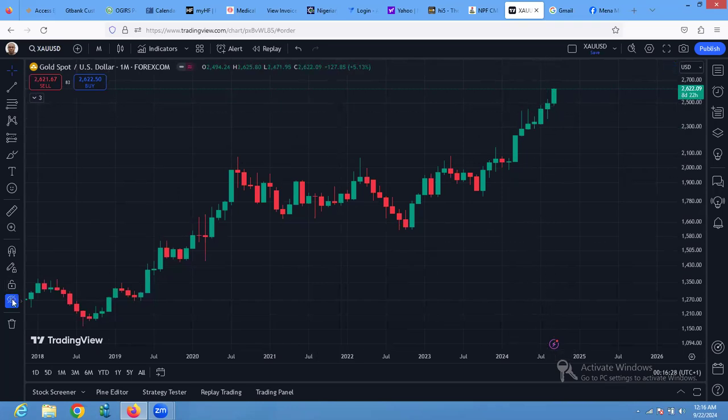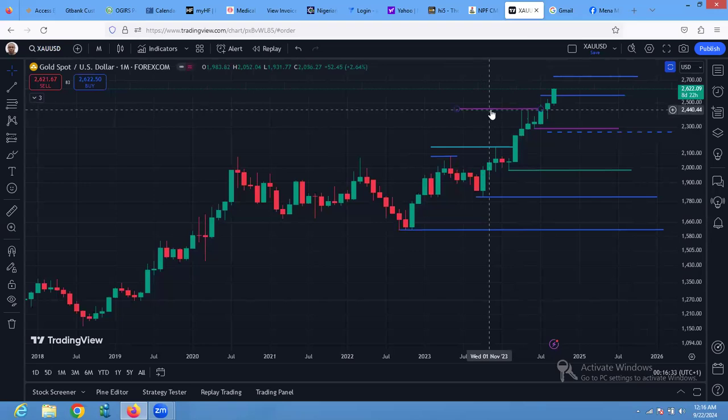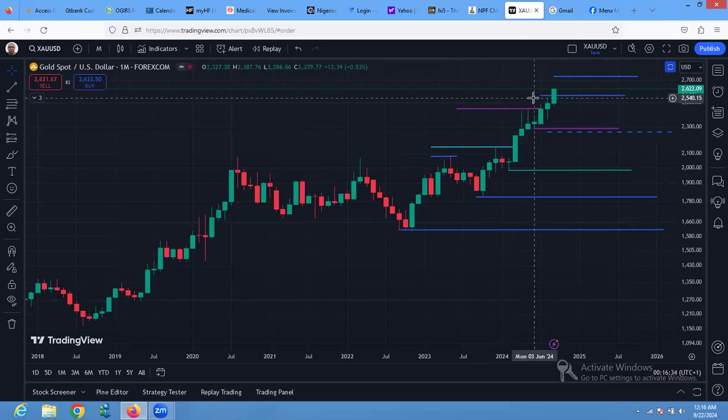Let me bring out the drawing here. So this is the area that we had, and we thought we were going to slide down around 25.50. This is around this area, and this is 161.8. So price had broken 161.8 to the upside.